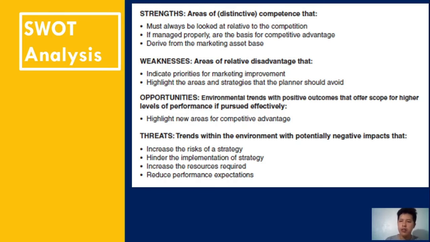Strengths are areas of competence. What are you good at? What is good in you that can compete with others? It is your competitive advantage against competing brands. Next, we have weaknesses, the areas of relative disadvantage.